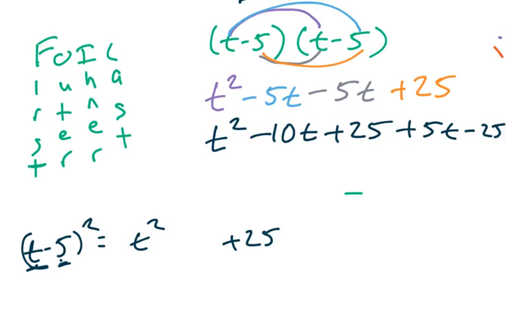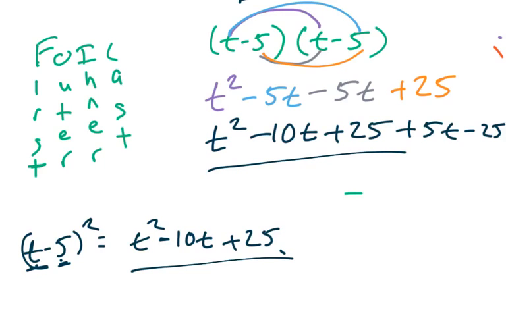So I'm sorry, it should say t times negative 5 times 2. So t times negative 5 is negative 5t times 2 is negative 10t. And notice how this and this are the same thing. So however you want to do it, you can do it. I just want to expose you to both ways.